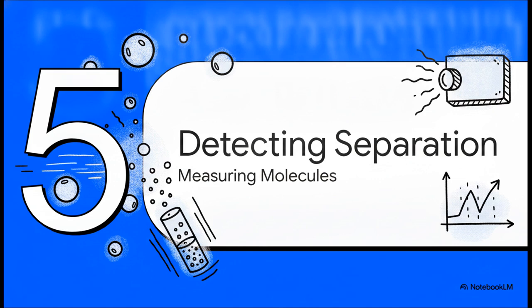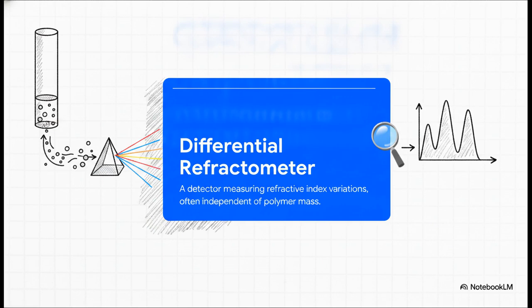And finally, part 5, detecting the separation, measuring the eluted molecules. So the crucial point here is how we actually measure the results once they exit the column. In SEC, the absolute most commonly used detector is the differential refractometer. As the solvent carrying the separated molecules exits the column, this device measures variations in the refractive index.